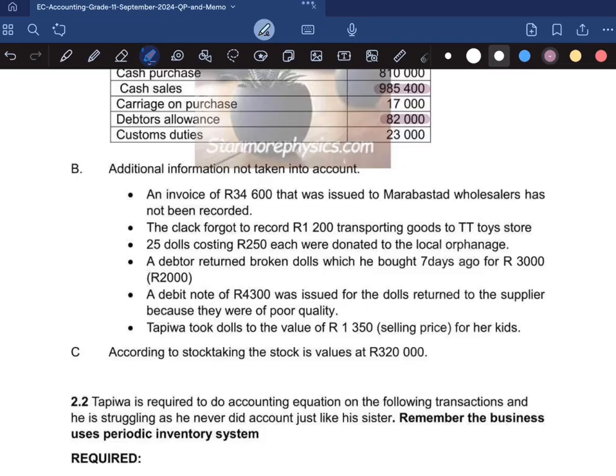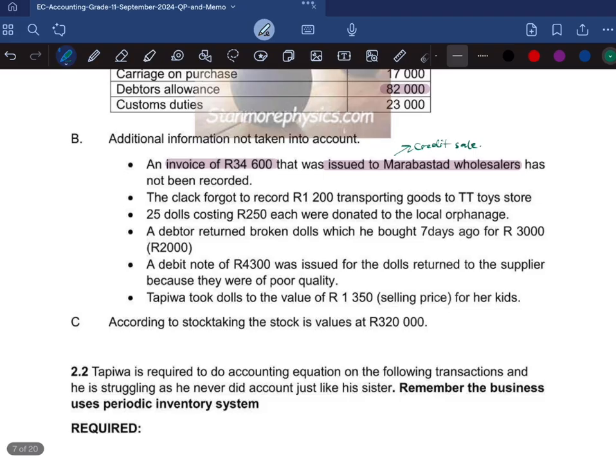You might be thinking, okay, but we're dealing with an invoice, but think of who issued this invoice. It's TT Toys. TT Toys issued the invoice to Marabastad wholesaler. So this was a sale that we were making, and it's a credit sale. It doesn't really affect our cost of sales calculation.